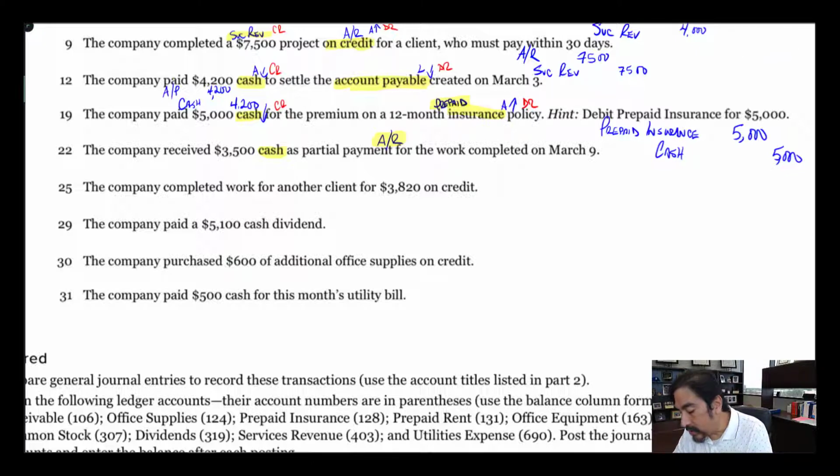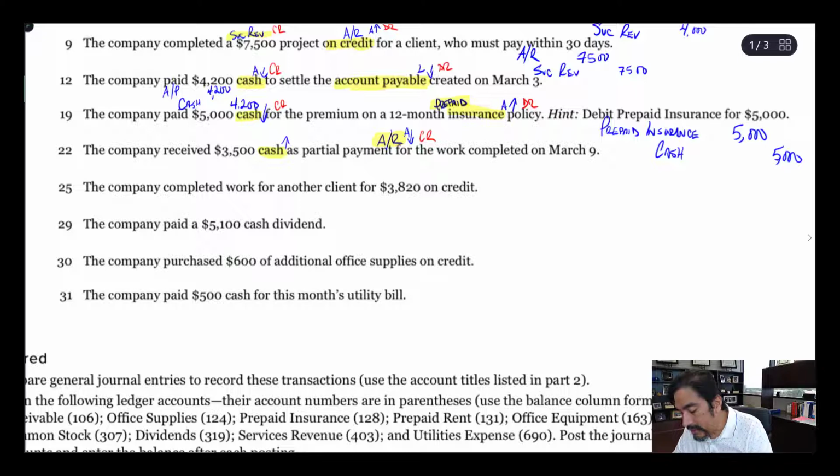Accounts receivable is going to go down because this customer owes us less money now. Accounts receivable is an asset account. To decrease an asset account, we credit it. And cash, we received cash. Cash is going up.